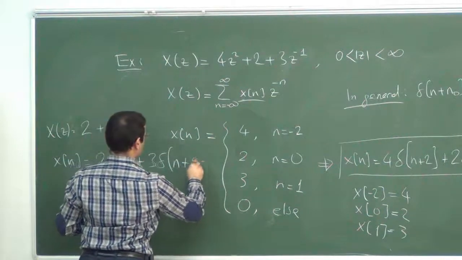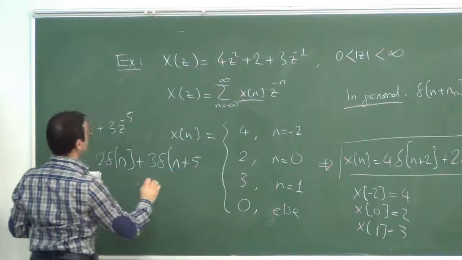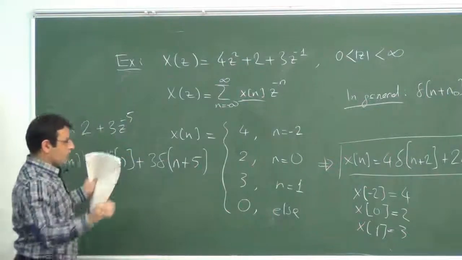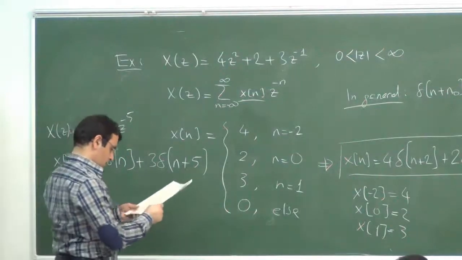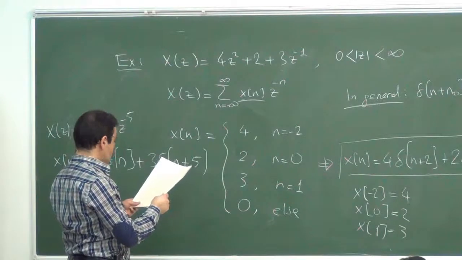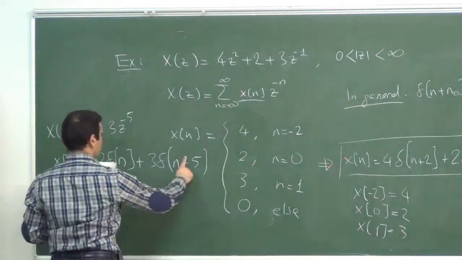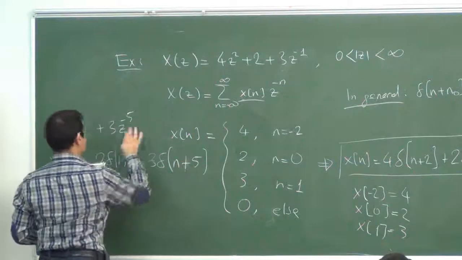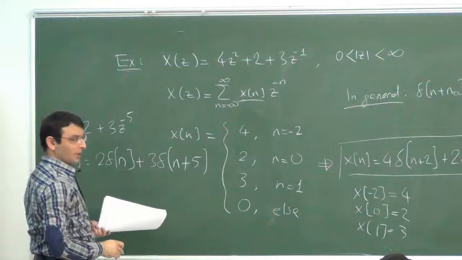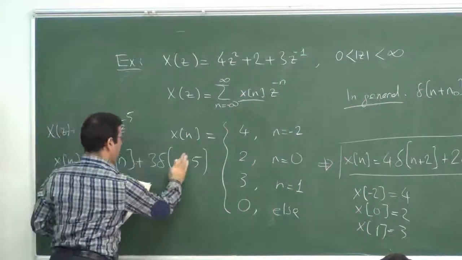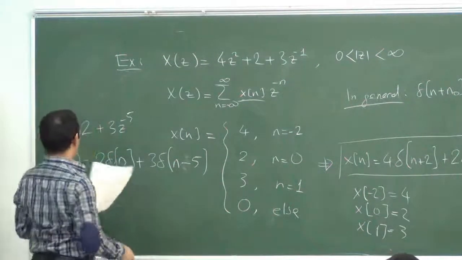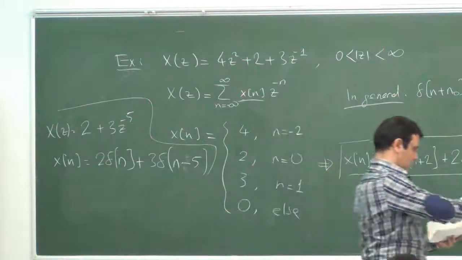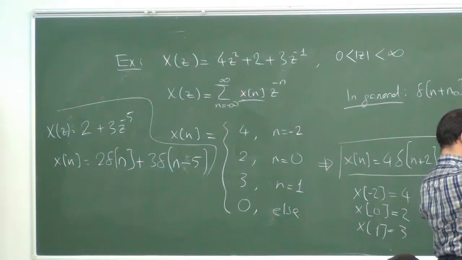N plus 5. Sorry, I'm sorry, this is minus. I think that it was plus, so when I write, I put a minus in here. So it is n minus 5, okay? Now, this is a simple example for this. Let's go on.